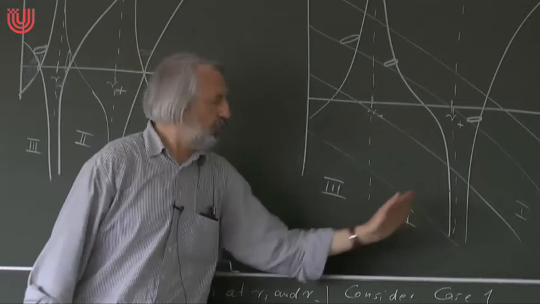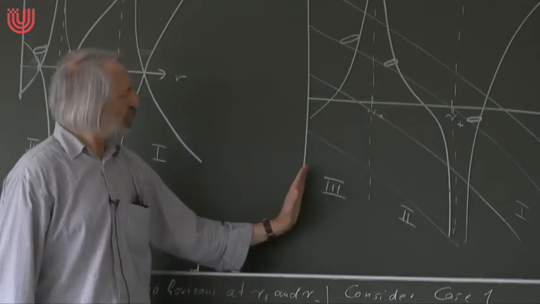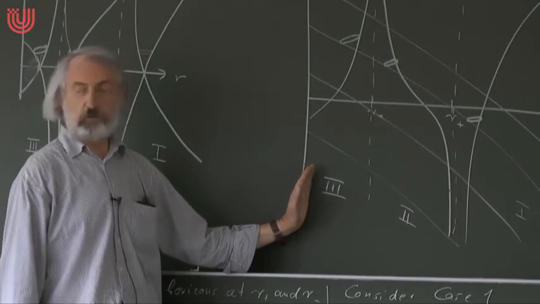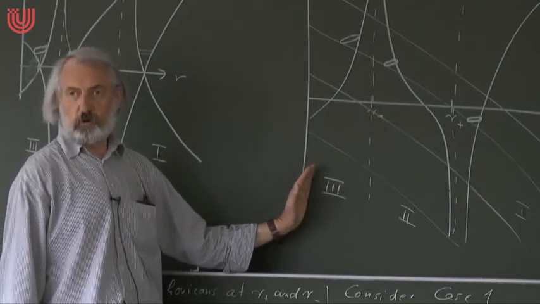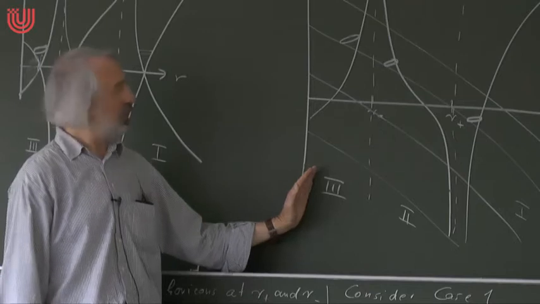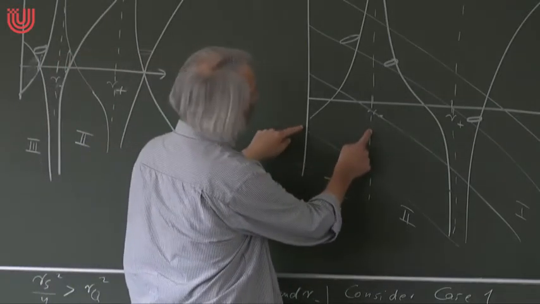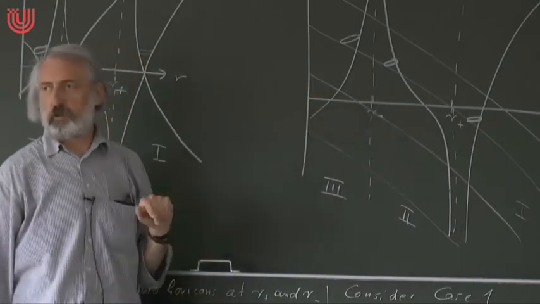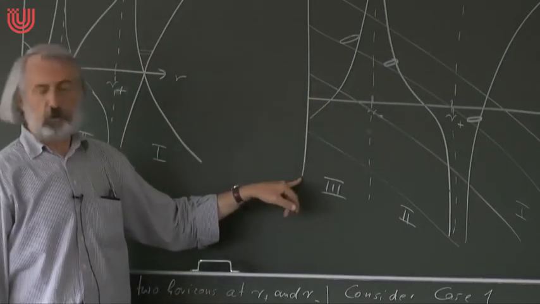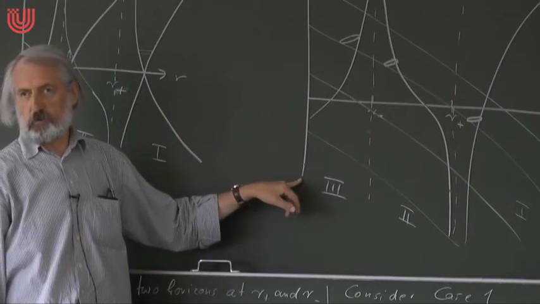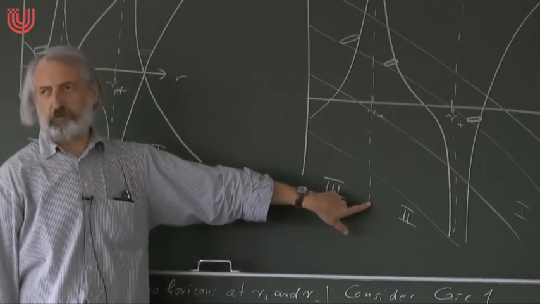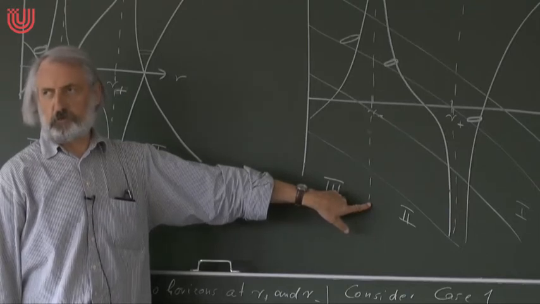Then this horizon moves a little bit to a different position, and a new horizon comes into the game, coming out of the singularity. For small charge, it is very close to the singularity. So this region, for realistic bodies, is very small in terms of this radius. And here the curvature becomes infinite, which means you are torn apart. But if this region is small, then the curvature is already very big here, so you are torn apart already here.